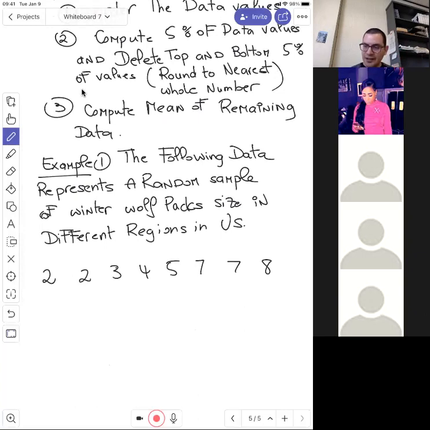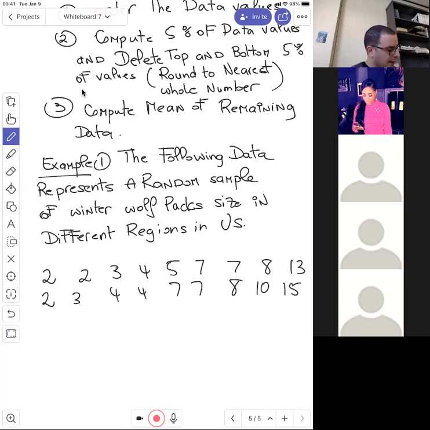The size of the next pack is 13 here. And then we have 2 again, 3, 4, 4, 7, 7, 8, 10. And then the last pack size is 15. So how many packs do we have here? 1, 2, 3, 4, 5, 6, 7, 8, 9 times 2. That will be 18. Perfect.